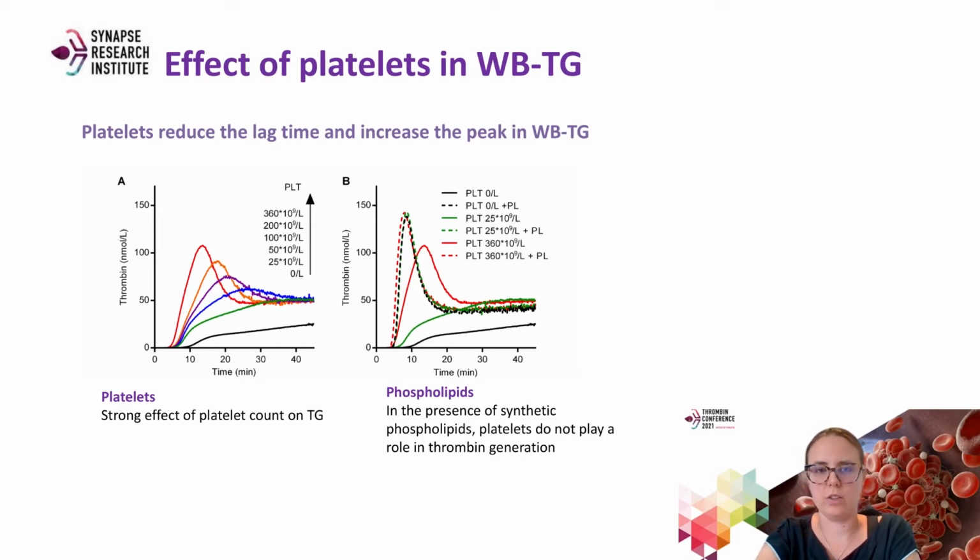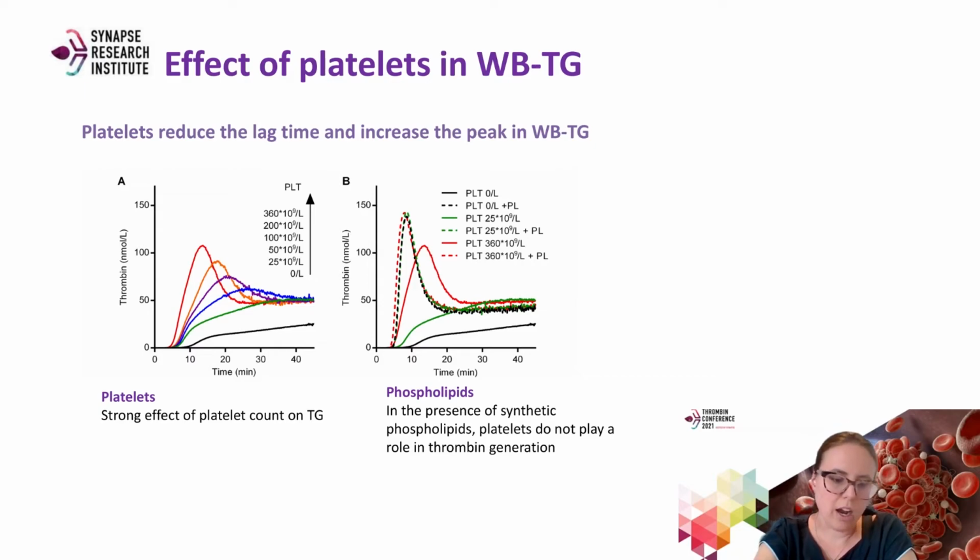This is seen in the figure on the right. And then we see that in the presence of synthetic phospholipids at the same concentration that is used in the plasma PPP CAT, we cannot see any influence of platelets anymore. And it's even so that the reaction is enhanced compared to the reaction with a physiological level of platelets.